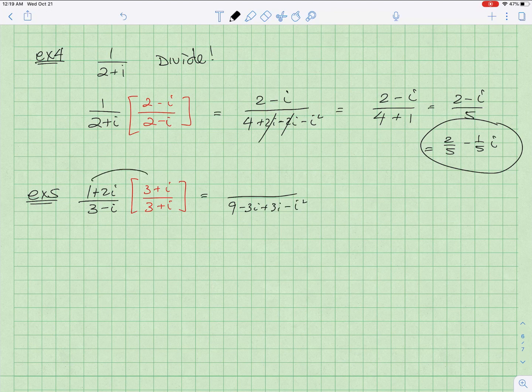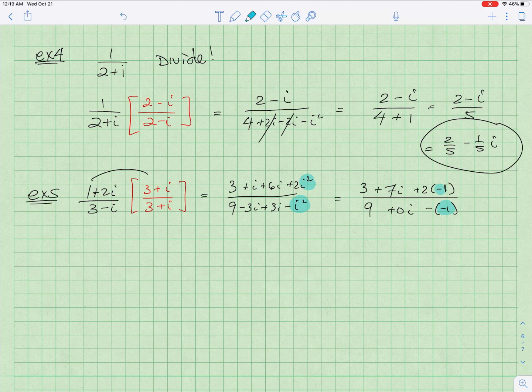And in the numerator, we're going to get 3 plus i plus 6i plus 2i squared. So we can't cancel anything yet, but let's go ahead and clean this up and collect like terms.